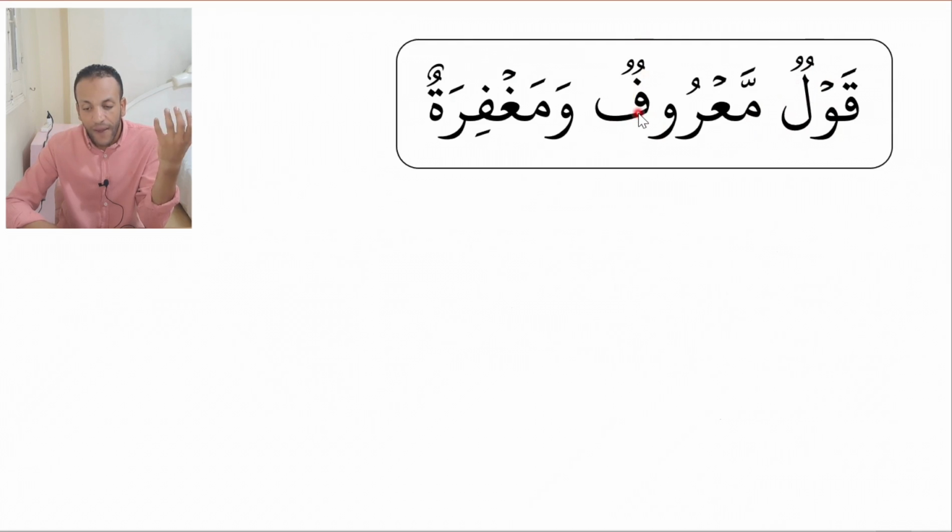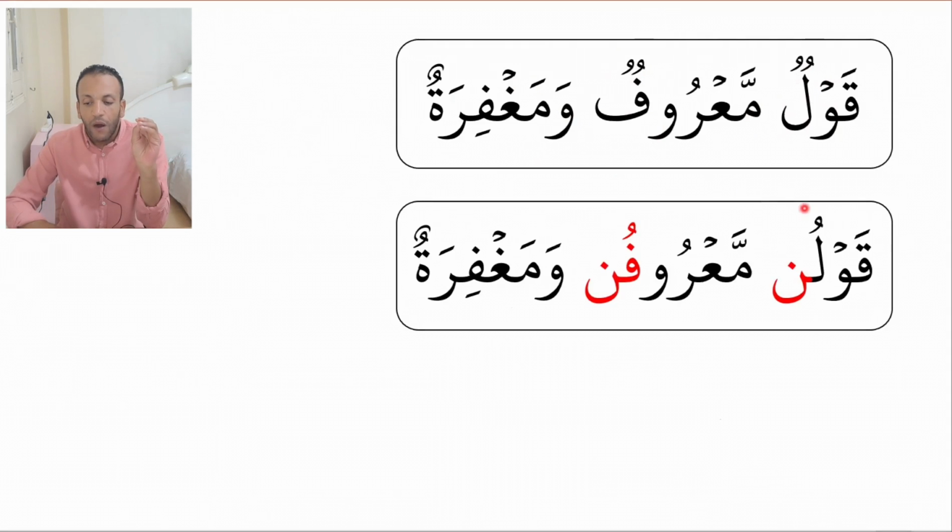The letter fa has tanween dhamma followed with waw. So here you need to apply this rule twice. If you don't apply the rule, you will say قول معروف ومغفرة, which is the wrong way.